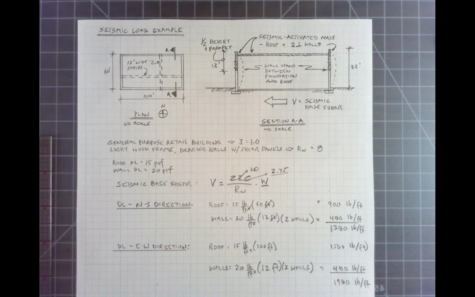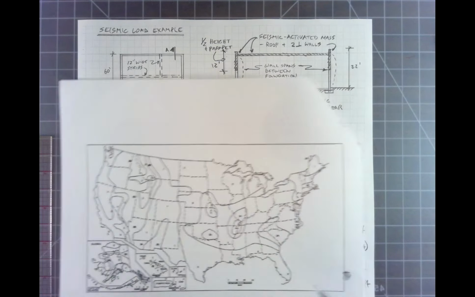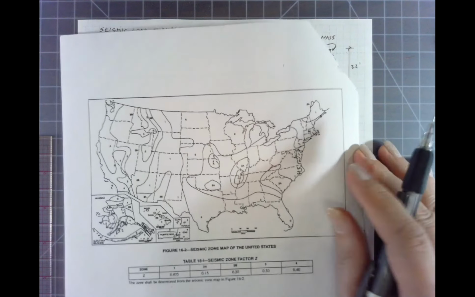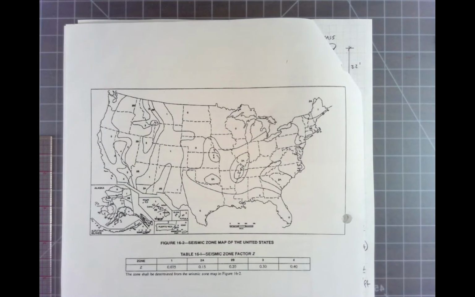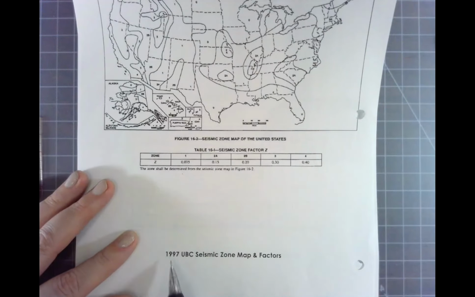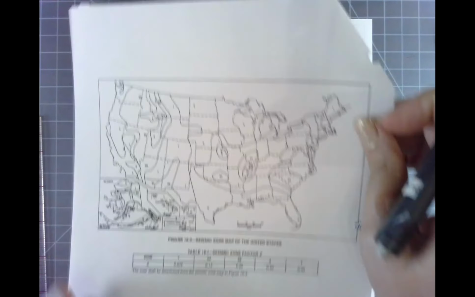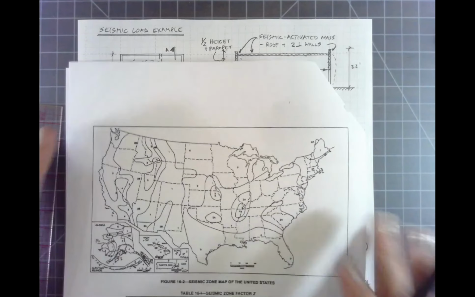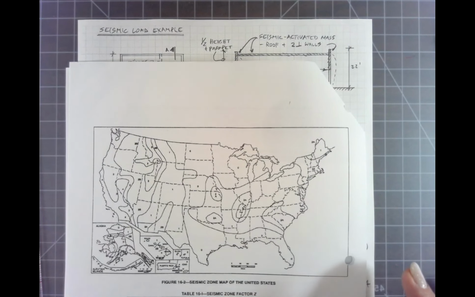The magnitude of the seismic force depends greatly on the location that you're positioned at. So here we have our old UBC seismic map. This is from 1997. I think I said 87 previously, 1997 code. It just very generally maps out regions of the country with varying seismic action.